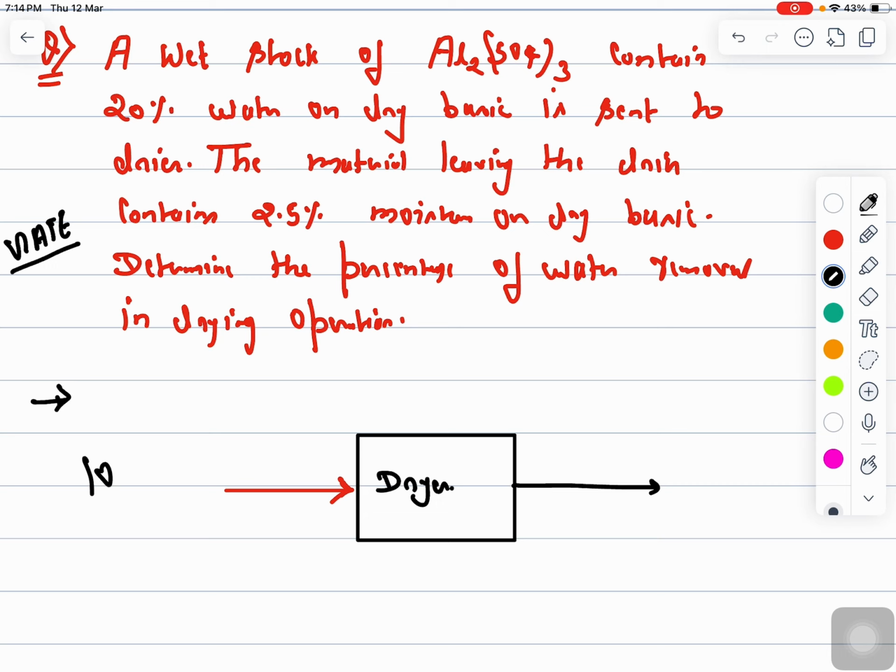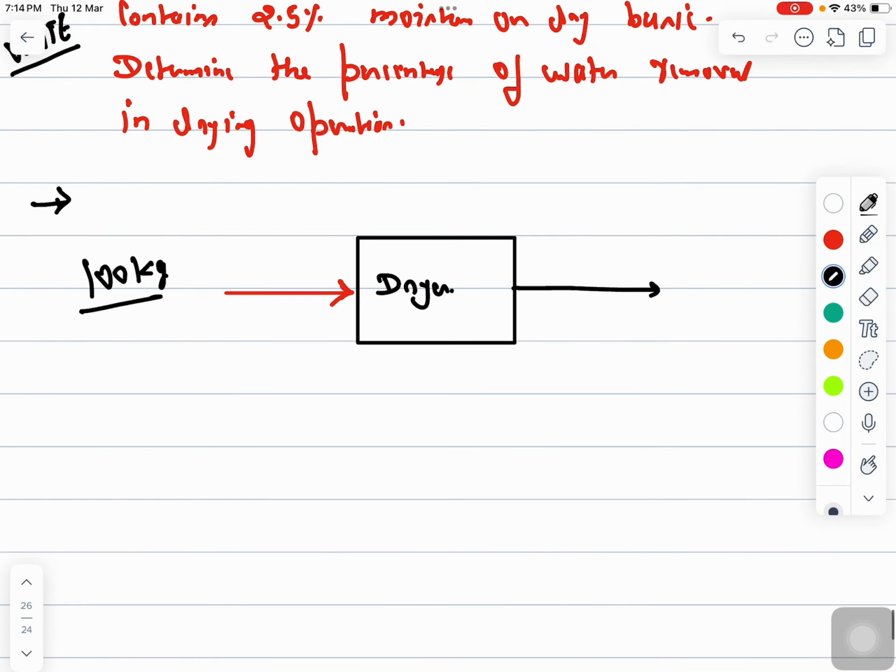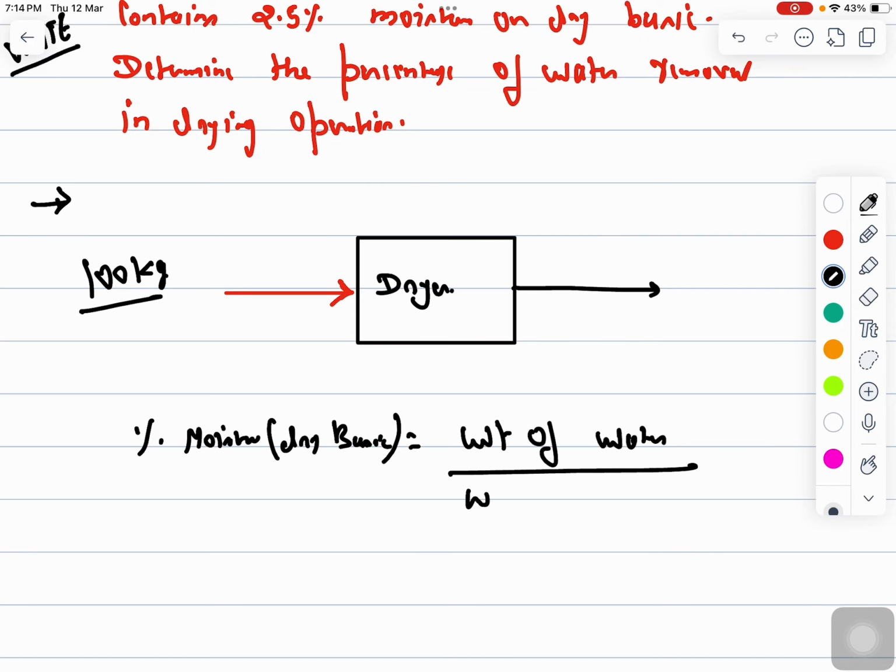Total feed I am sending is, let's say, 100 kg, and that contains 20% water on dry basis, right? So if I calculate percentage moisture on dry basis, that is equal to weight of water divided by weight of dry solid.